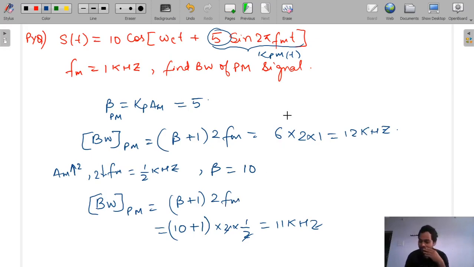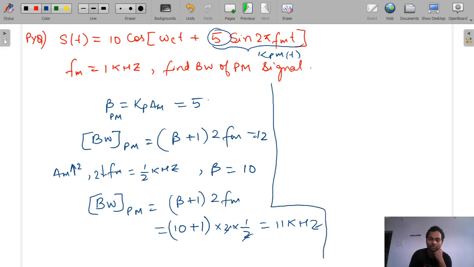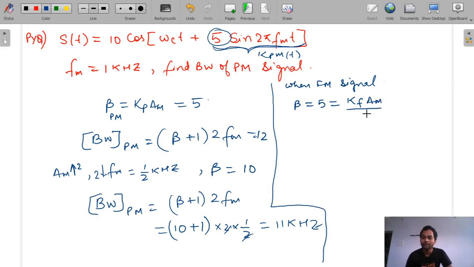I will directly write here 12 because on this side I want to solve one more part of this question. Let's suppose this is an FM signal. Then this part will be 2 pi kf and integration, but no need to write this directly. We will write beta is equal to 5, and beta in the FM signal, if it is a sinusoidal message signal, is kf Am by fm.